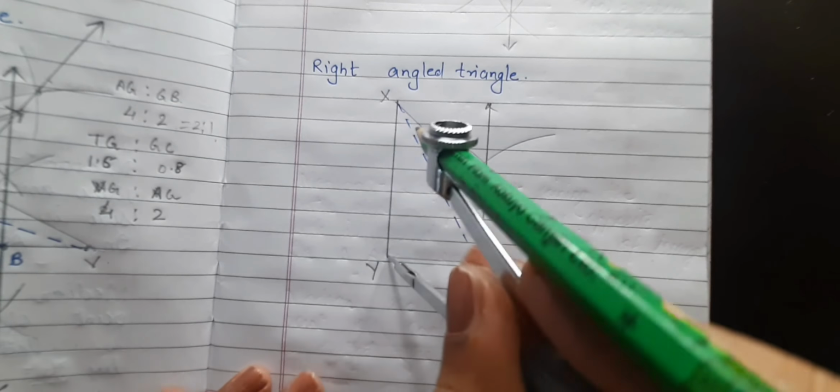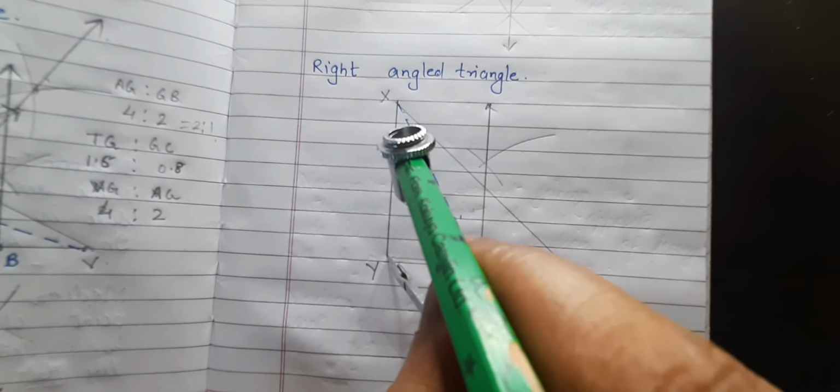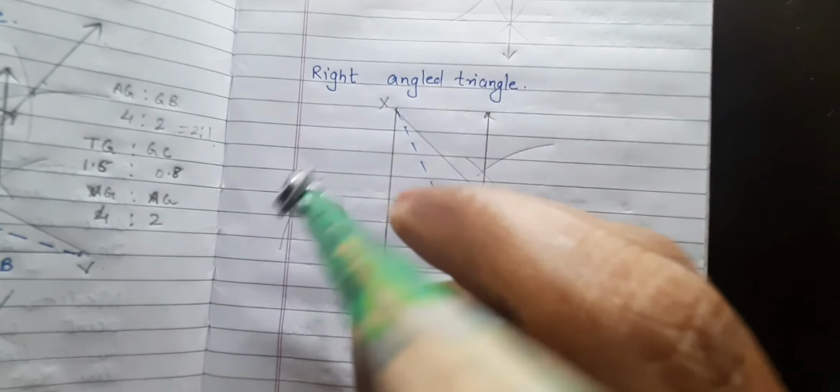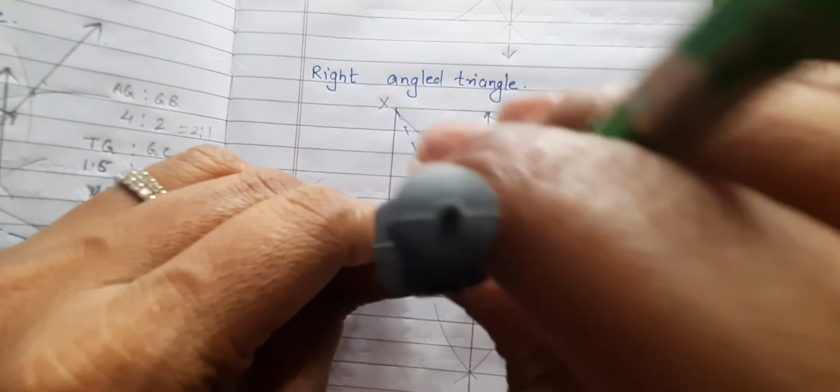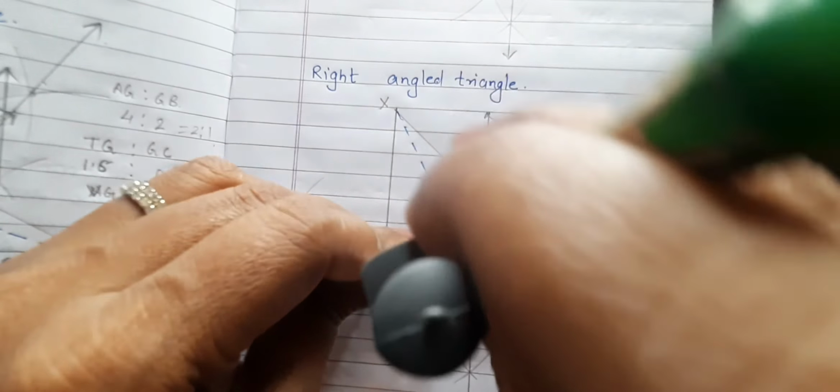So X, for YZ I have taken the midpoint. Now I'll be taking XY. Okay. So this way.